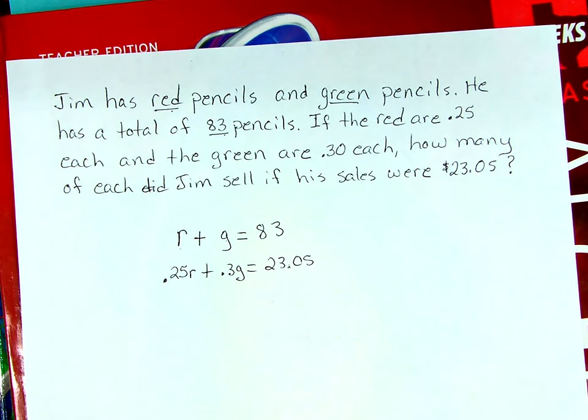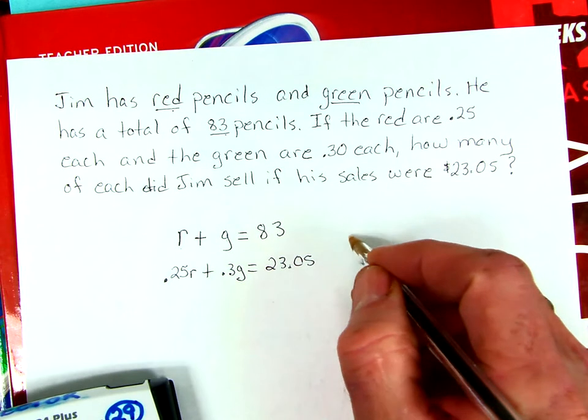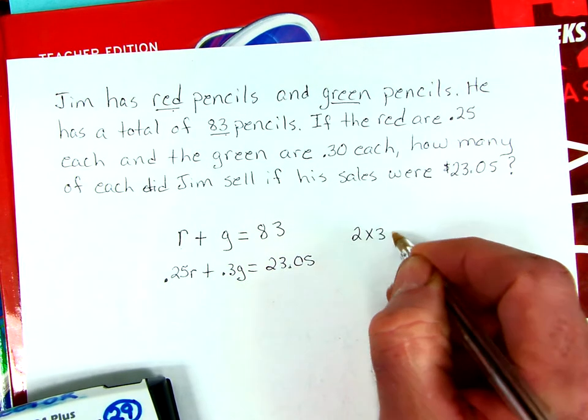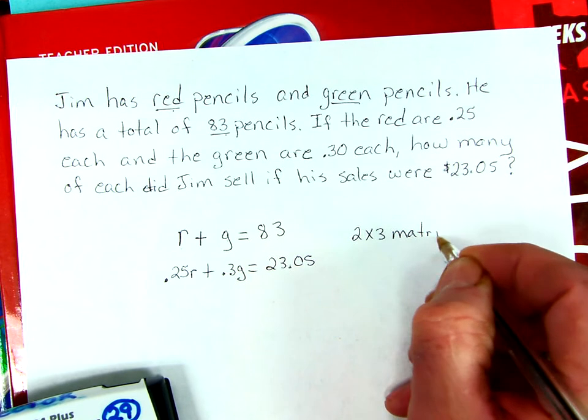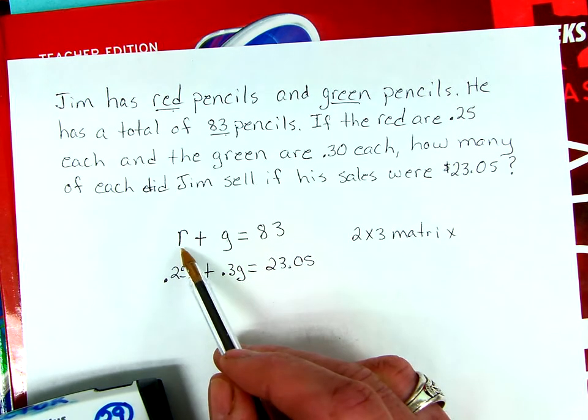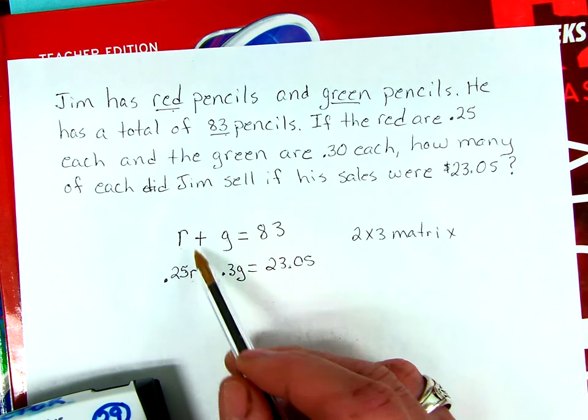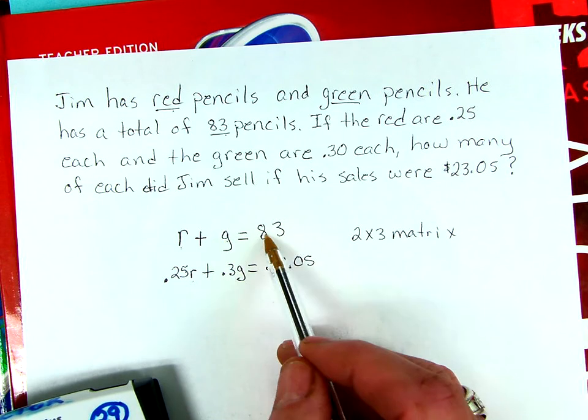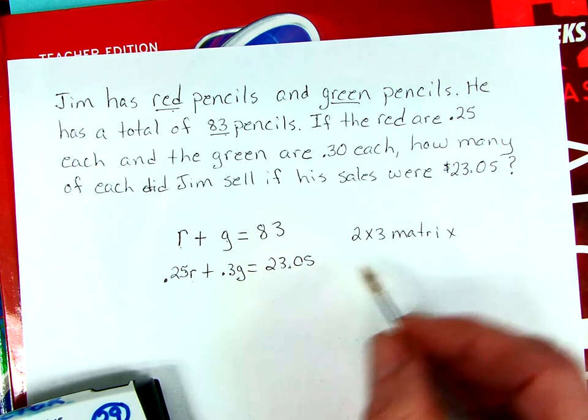Excellent. So again, we have a system of linear equations, and this time we're going to use a calculator to solve it. We're going to build a 2x3 matrix because we have two equations and three terms in each of them.